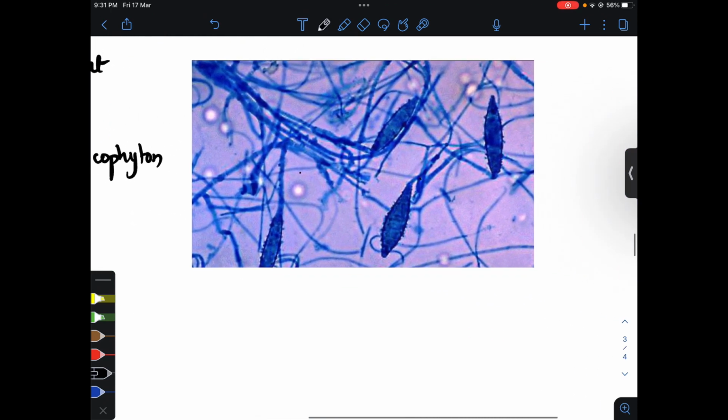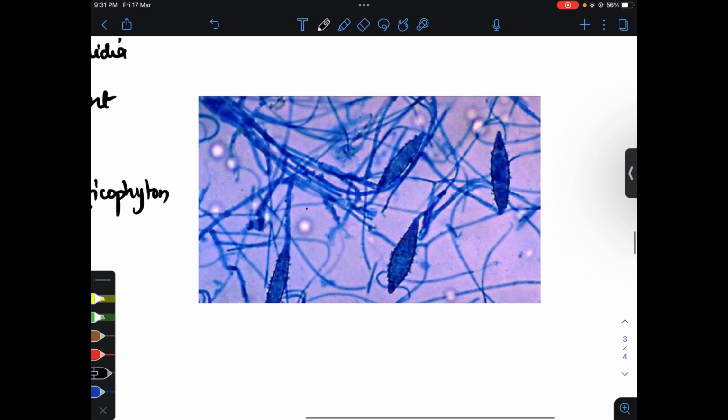Now let's move to the second image. In this image we see not much, but a little bit, a few microconidia. They are not many but present.